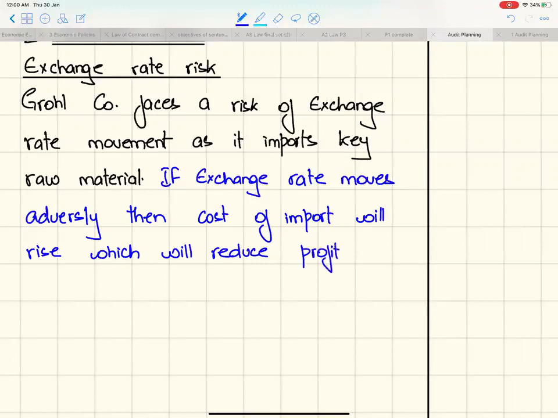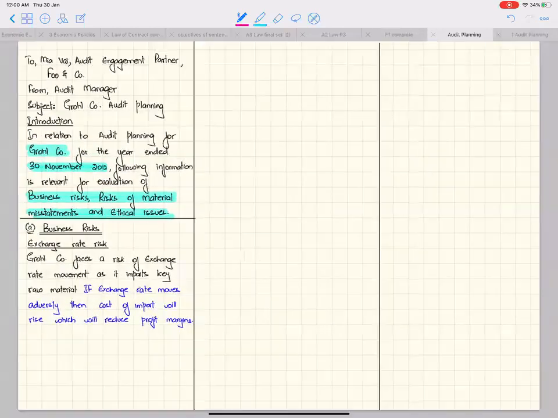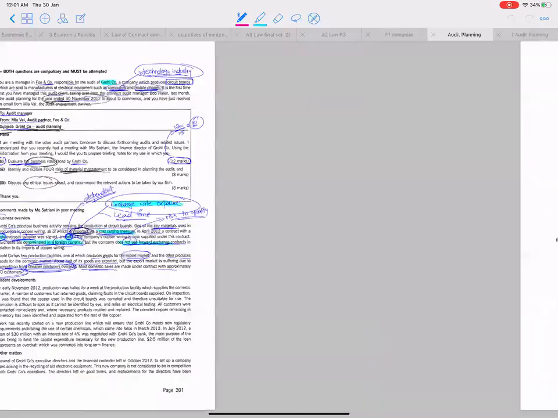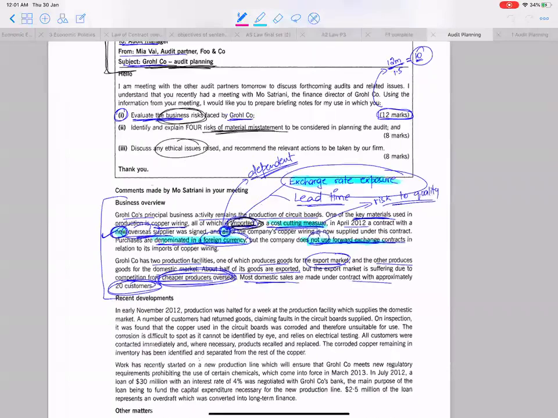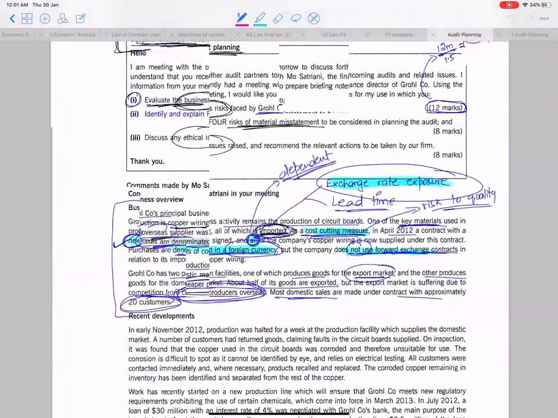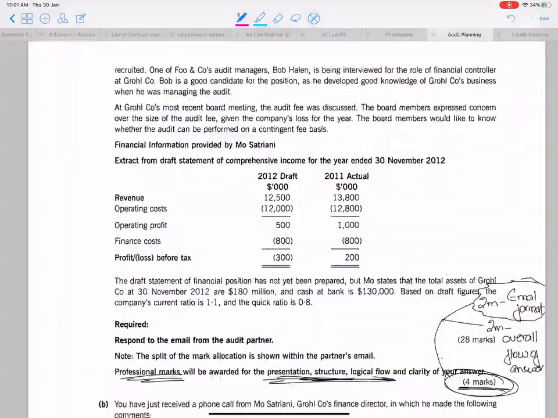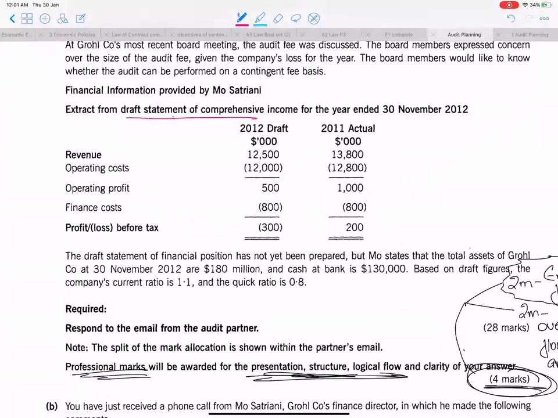Okay, now this is the impact part. Now, if you can give financial support, you should. Now, from where I can get the financial support? Now, this is my question. I haven't read any financial data yet. But if you go on other page of the question, you can get the draft statement of comprehensive income.